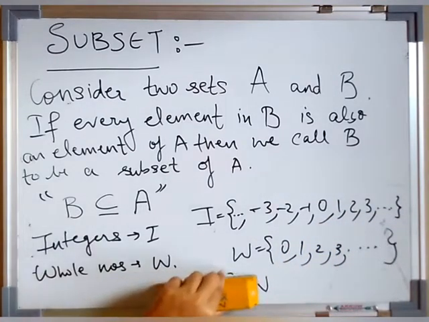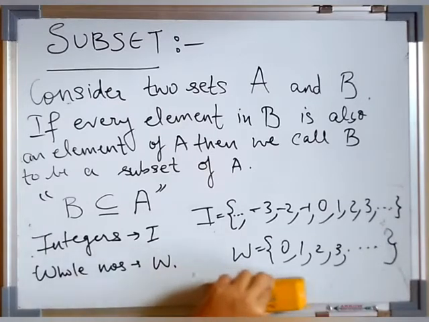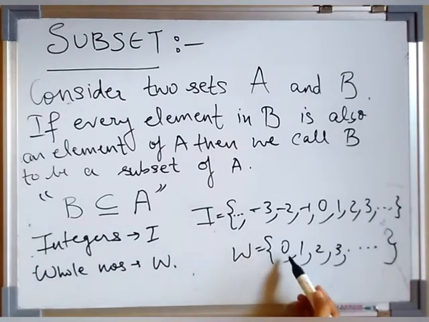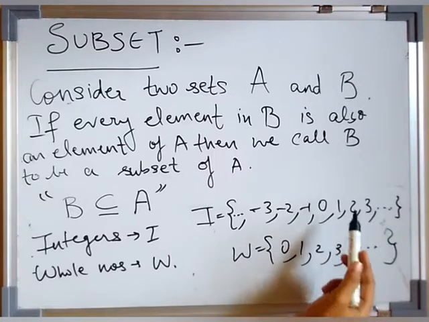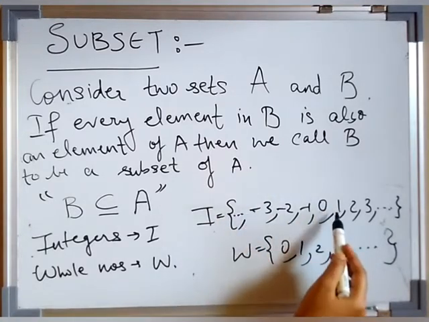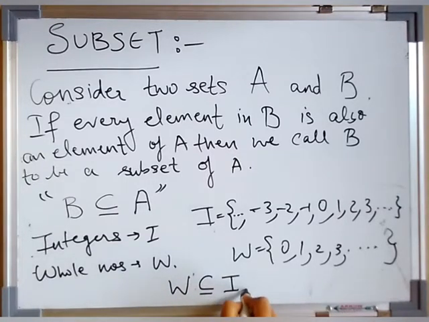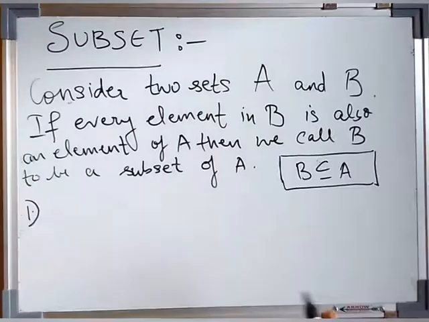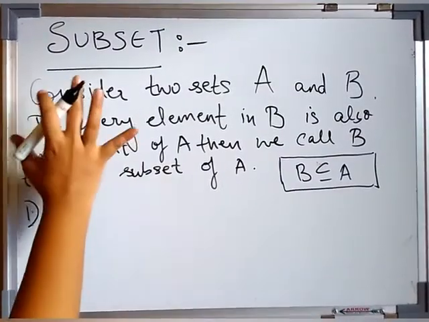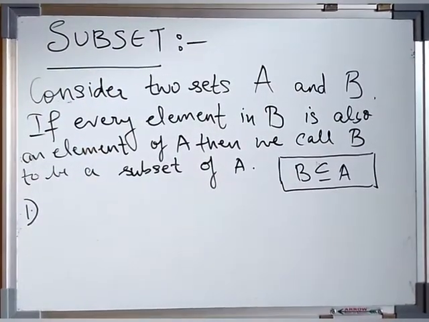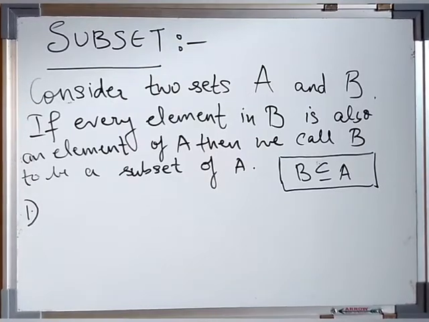We have already discussed it. So here every element in W is also an element in I. So W is a subset of integers. Now we will learn some facts about subsets, or some properties that every set will follow.